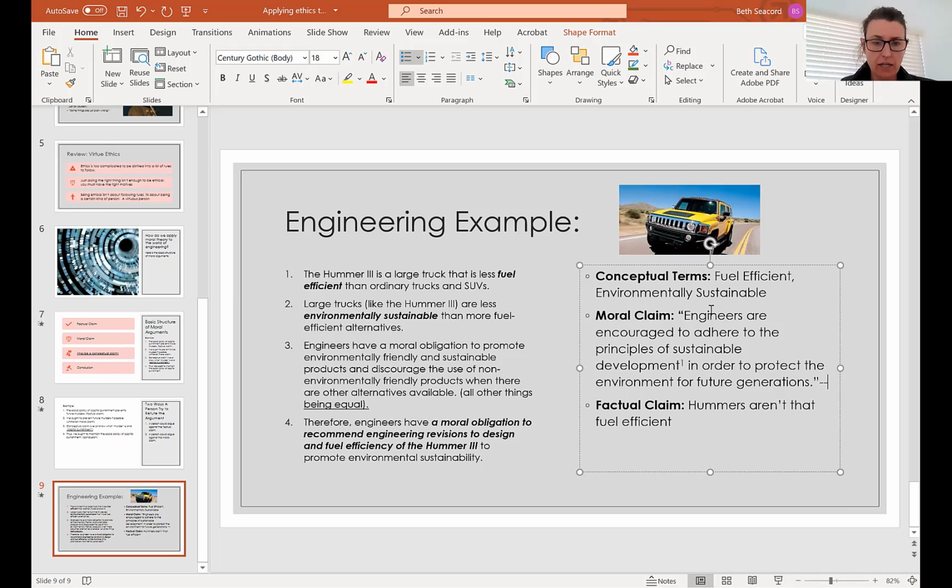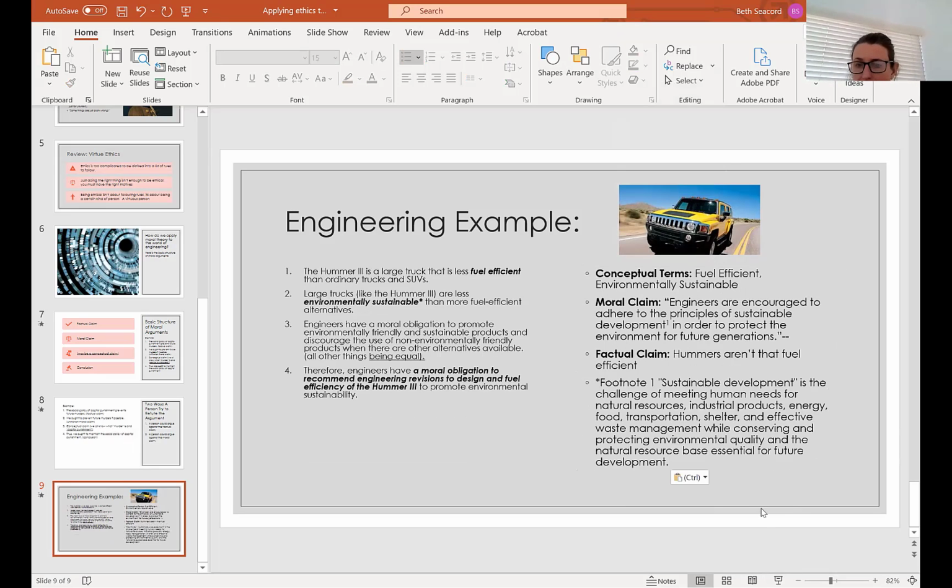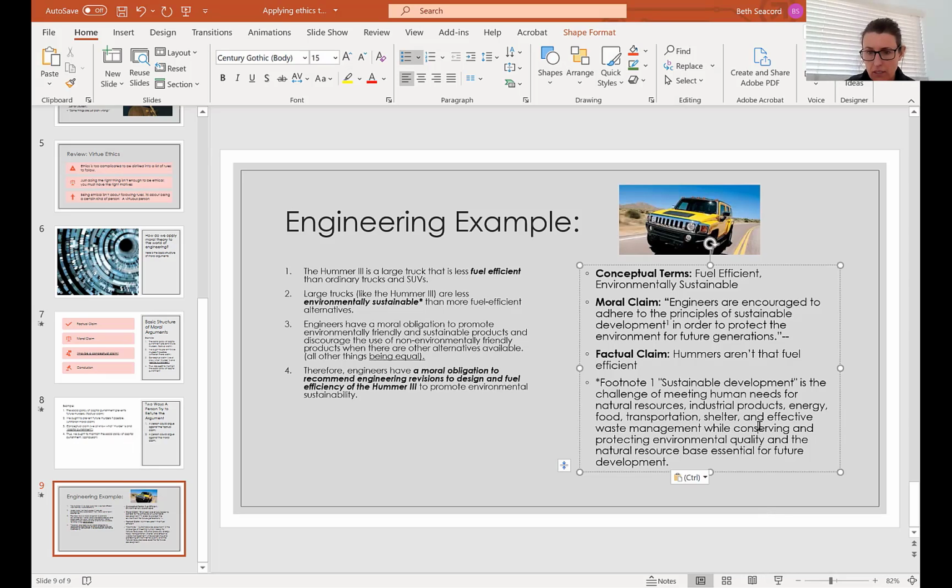Here we are, sustainable development. This is so satisfying right now. Aha. Sustainable development is the challenge of meeting human needs for natural resources, industrial products, energy, food, transportation, shelter, and effective waste management while conserving and protecting environmental quality and the natural resource base essential for future development.